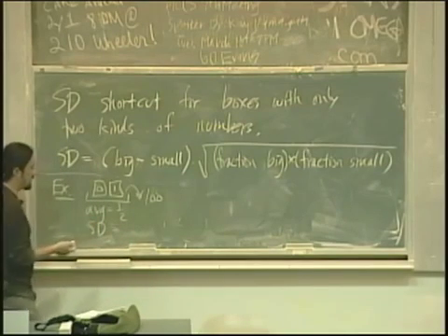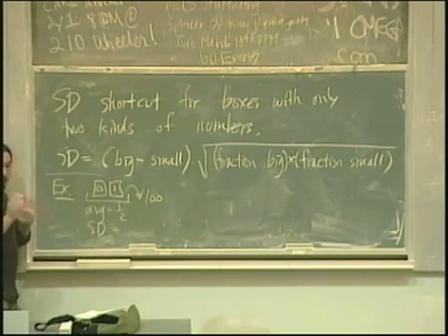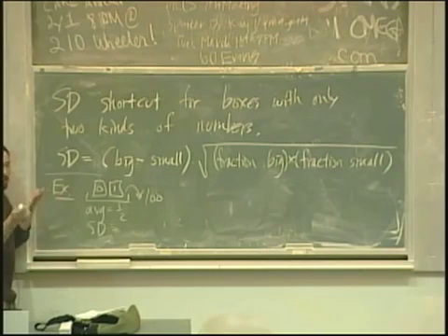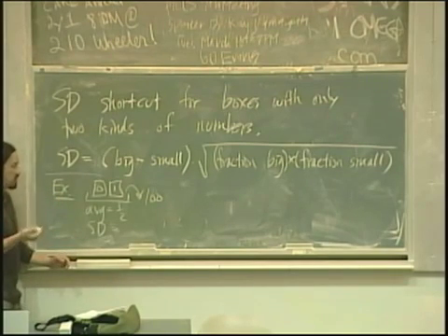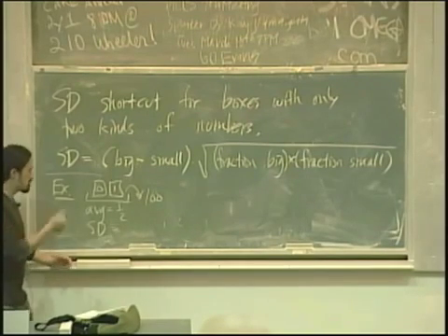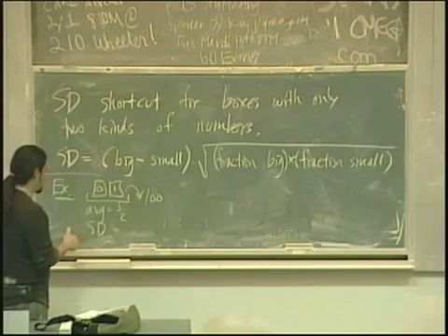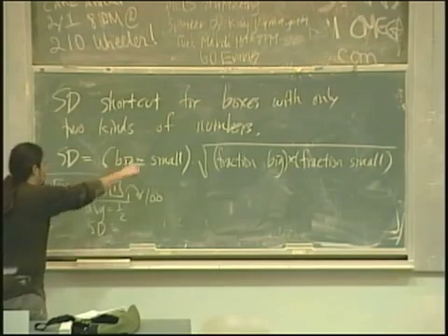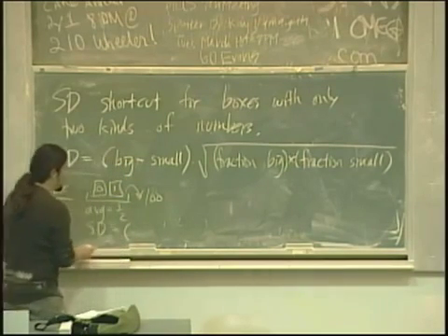The way I calculated the SD before is just by the usual SD formulas, either one. You could do it by RMS of the deviations from average, or you could use the summation formula, square root of the average of the squared values minus the square of the average. I'll do it now using this shortcut, just to illustrate what's going on.